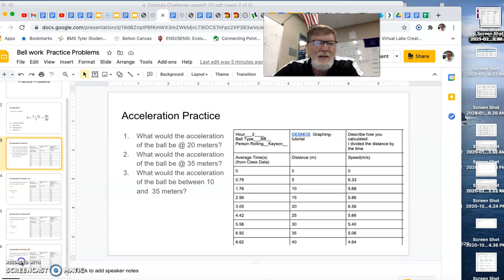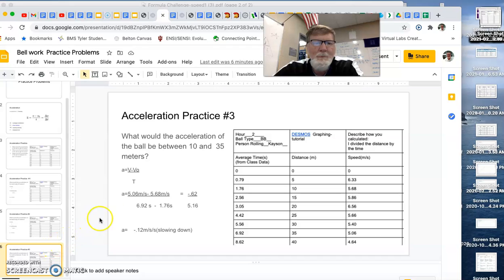Solving this: final velocity 5.06 minus initial velocity 5.68, divided by the time 6.92 seconds minus 1.76 seconds.